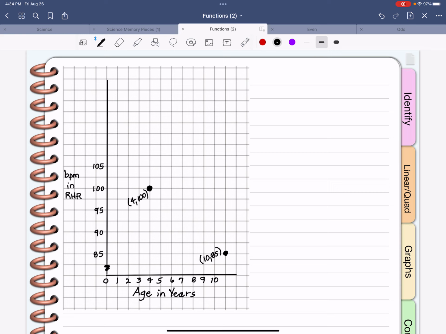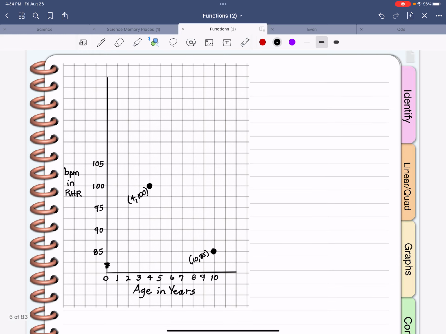So this graph is showing me a very important, I didn't graph that correctly. Did you catch it? I put it over on the 11-year-old line, which is not going to work. So it's 10 years old, 85 beats per minute. When I graph this thing, it is confirming something for me.